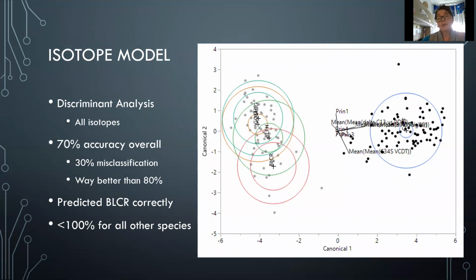So when we run a discriminant analysis, we get that kind of misclassification number. We also get an ordination plot where we have points, and each point represents a bird here, where the closer the points are, the more similar the metrics were that were put in. So if we're including stable isotopes or parasites or whatever we put in, the closer the points are, the more similar those 2 birds are.